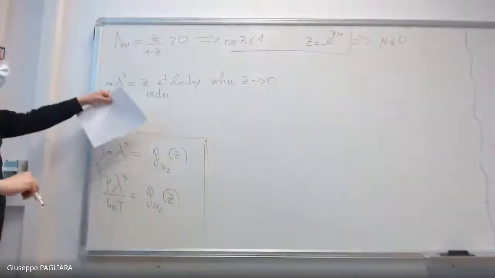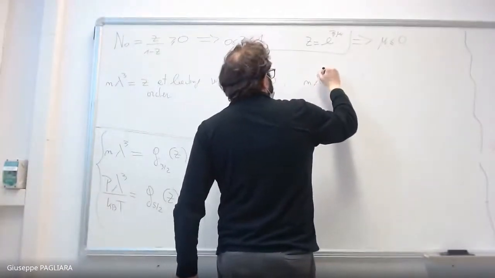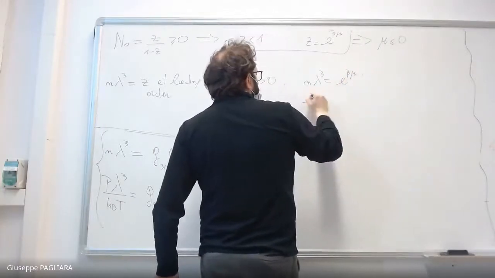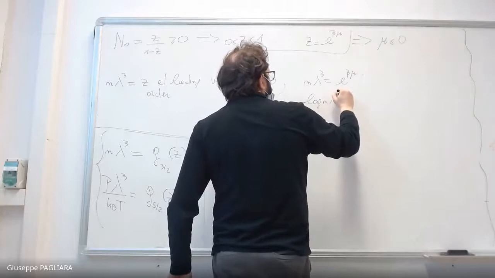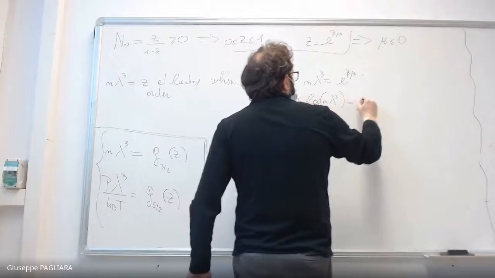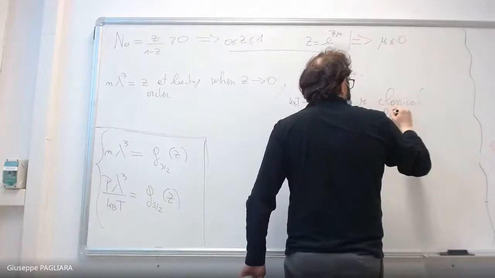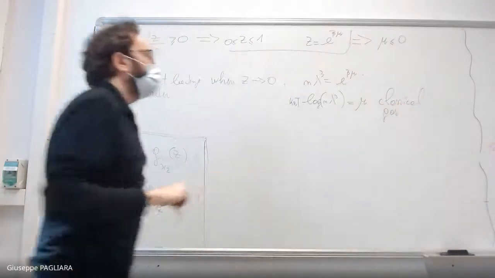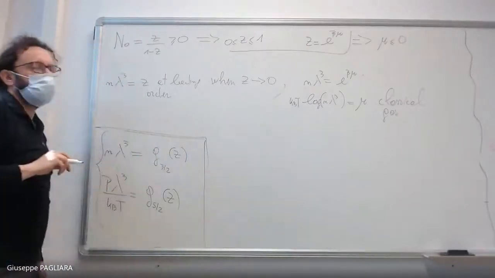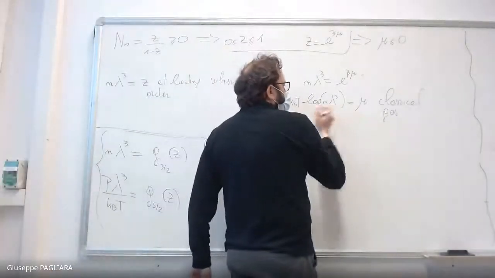It's just a matter of seeing that n lambda cubed is equal to z, which means e to the beta mu, from which we get that kBT times the log of n lambda cubed is equal to mu, which is the classical gas. So if I stop at the leading order in z, I get the classical relation between chemical potential and density.